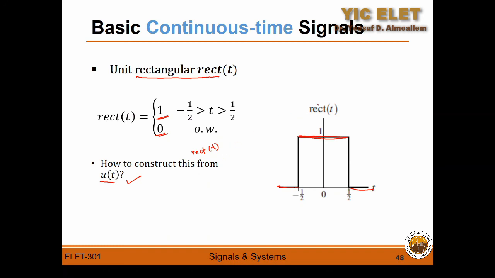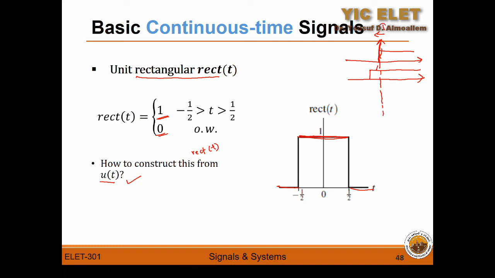One of them is, if we have this u of t, and this is the 0 point, then I will just shift it to the left by half. So this is the first step.